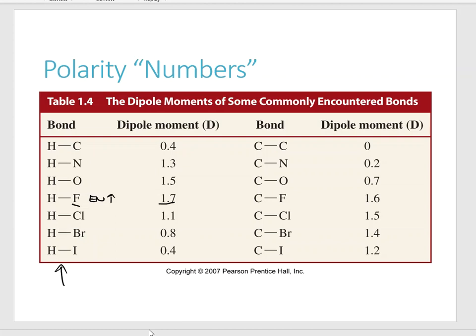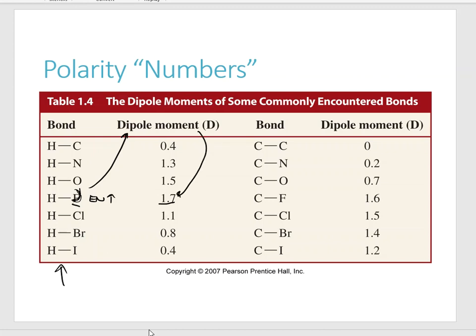So he's being true to his definition. Well, if he's hoarding all of the electrons over here, then this polarity is a little bit greater. And we can measure that polarity. We have a term that we use. It's called dipole moment, and that's abbreviated with a D, and the dipole moment of that bond is 1.7.